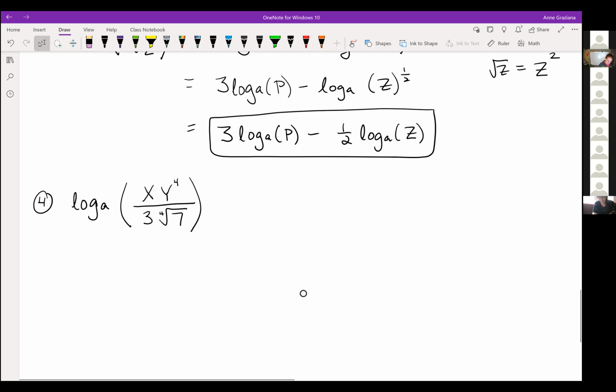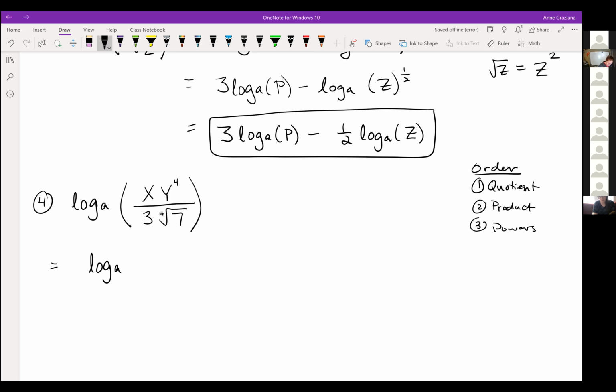Everything we could possibly want. So we're going to start with the quotient. We're going to take care of the quotient, then we're going to take care of the products. And then the last thing will be the exponents, the powers. Okay, so this is log base A of x y to the 4th minus log base A of 3 times the 4th root of 7.